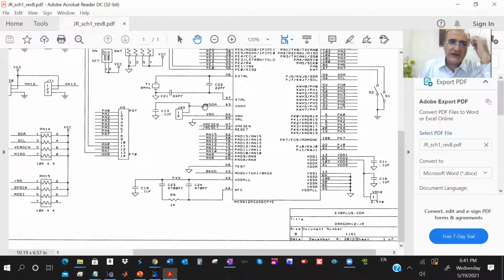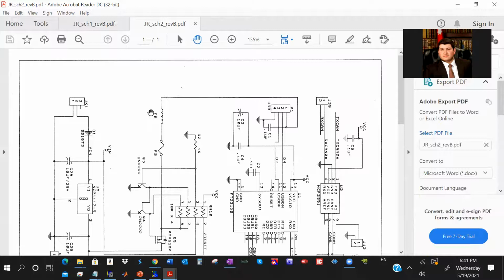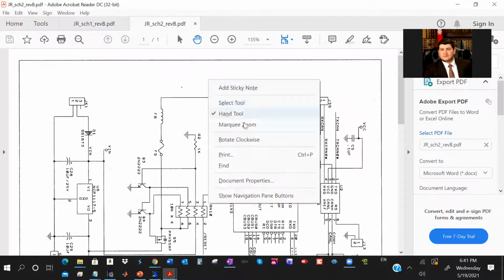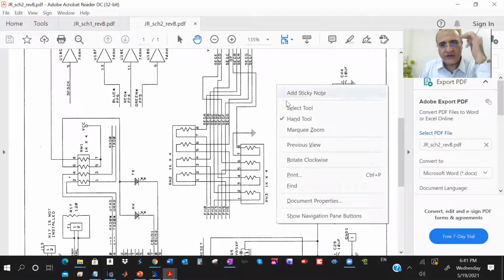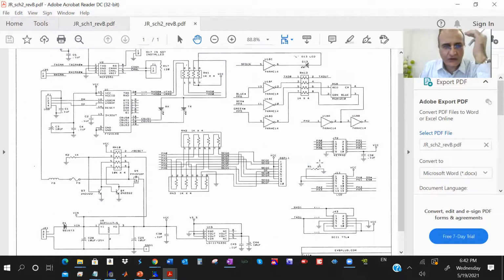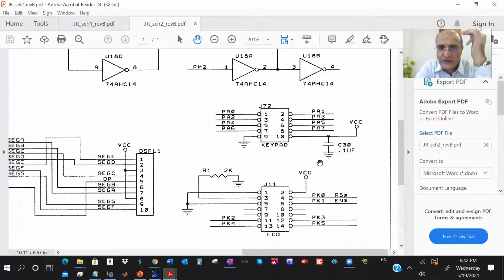Anything you get from any sensor should be voltage, to be able to read it using the A to D. Who has a fast way to rotate counterclockwise? We need to find it. Where is it?